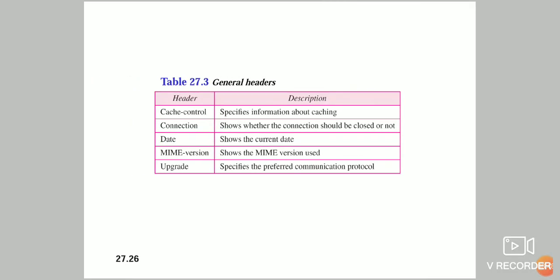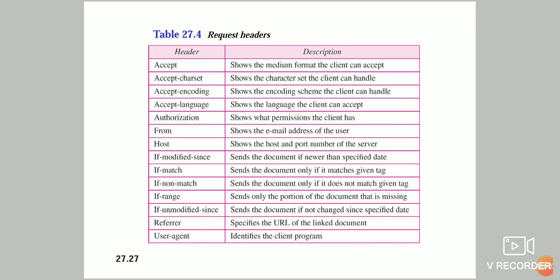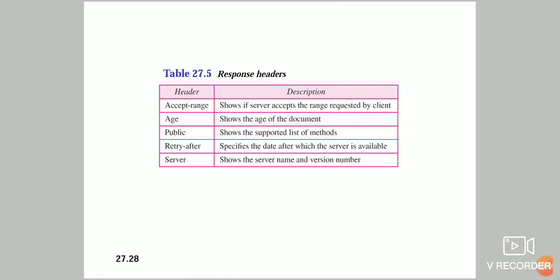Here some of the request headers are there, like accept, character set, and it goes on. And response headers like accept range, age, public. Accept range shows if the server accepts the range request by the client. So the client is requesting a document, and the server should understand whether the client is in a reachable position or not. That is called accept range. Age is nothing but the lifetime of the document.